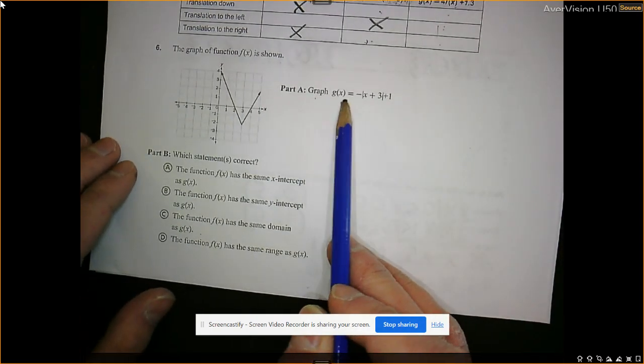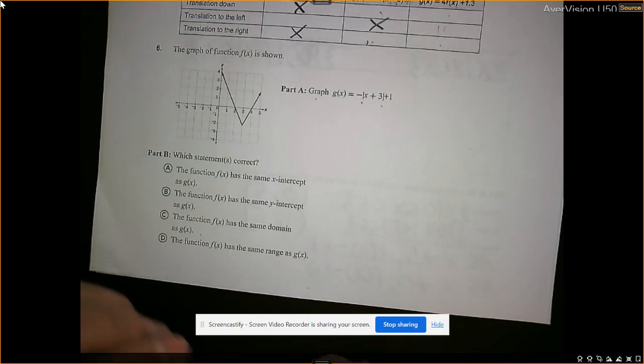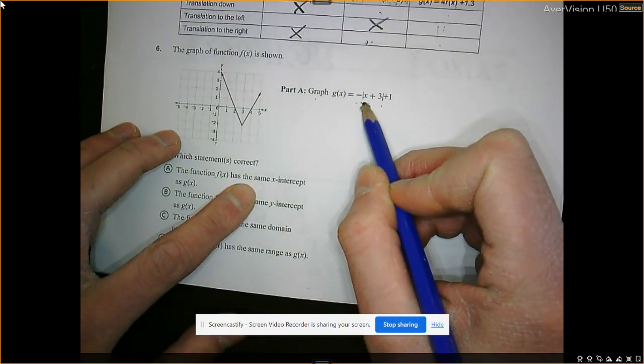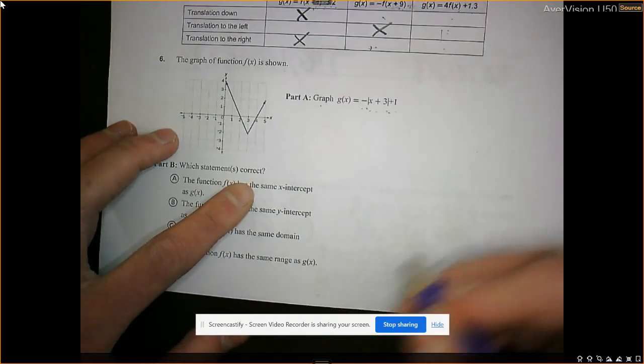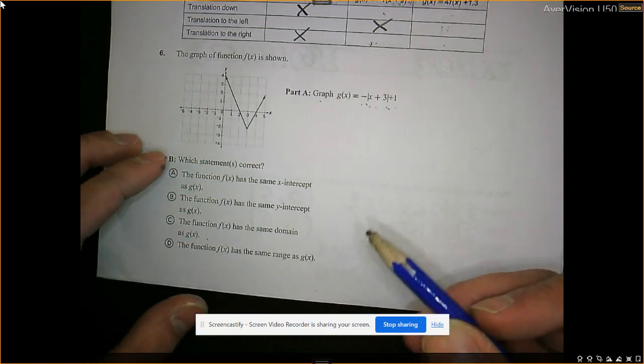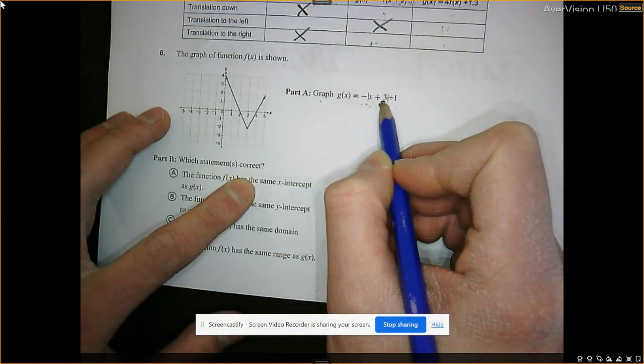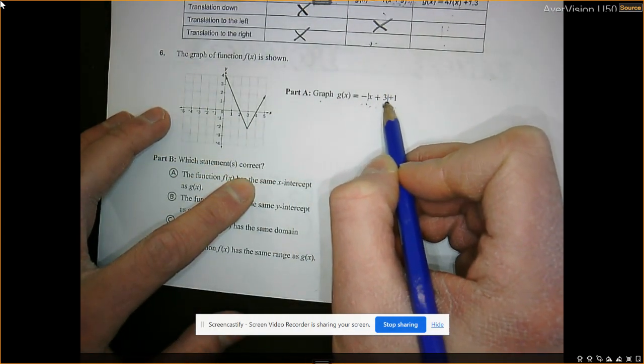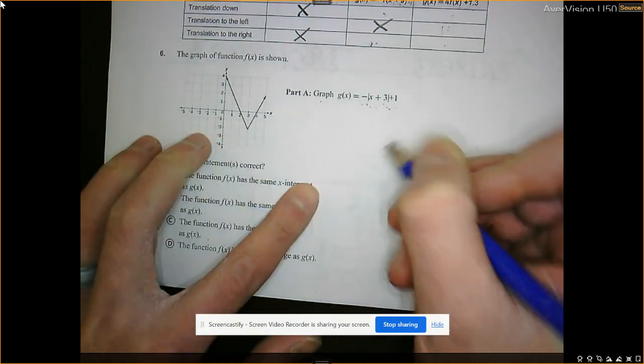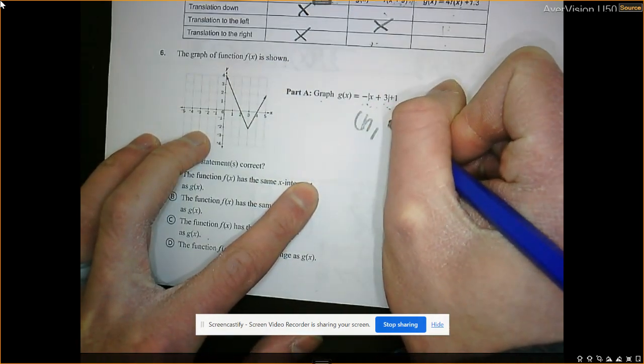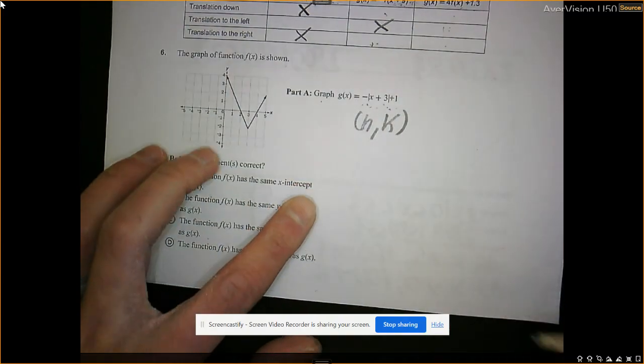Okay, we are going to graph this function, negative absolute value of x plus 3 plus 1. Well, from there, we can tell that our function is opposite of h comma k, or I guess you can think of it as h comma k. That's our vertex.